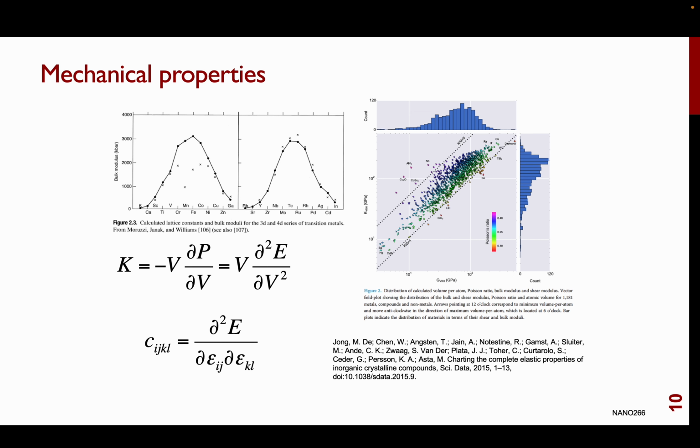So, the bulk modulus is just equal to the negative volume times the partial derivative of your pressure with respect to volume. And since my pressure is the first derivative of my energy with respect to volume, it is just given by volume times the second partial derivative of your energy with respect to volume, okay? So this is an equation that you can obtain directly from your thermodynamic relations, all right?